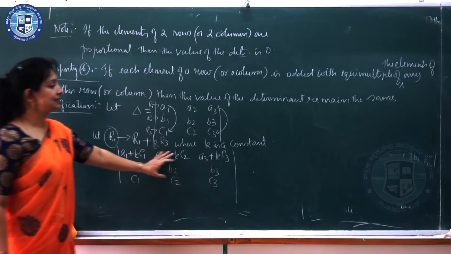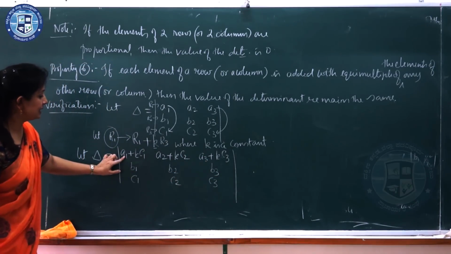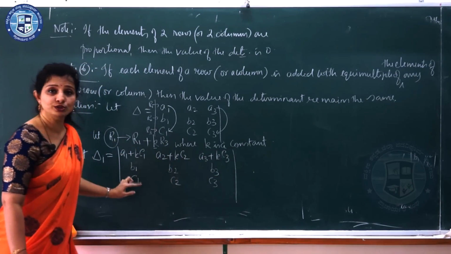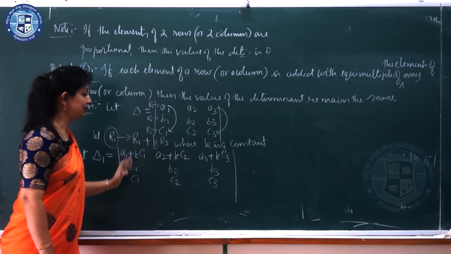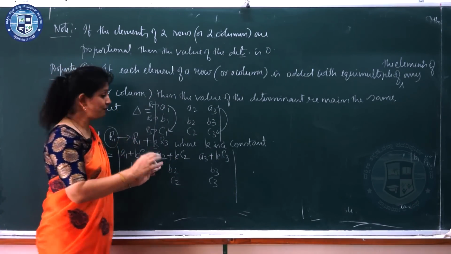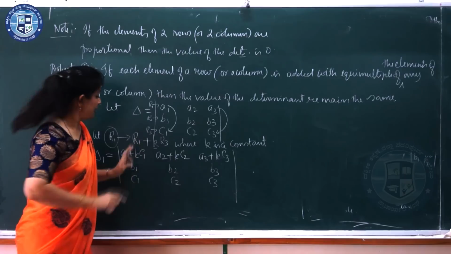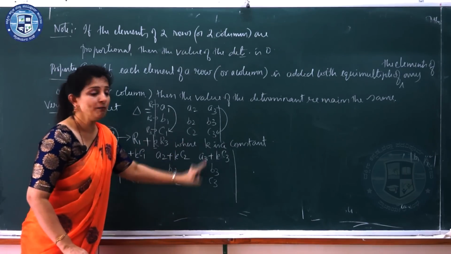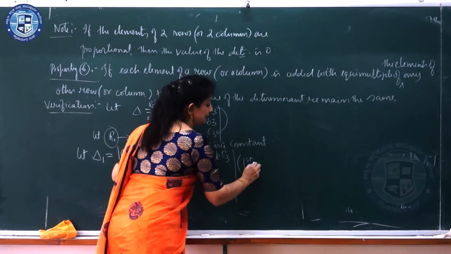Now expand this along the first row, or look at this: the first row elements are each a sum of two terms. Is it possible to split this into a sum of two determinants? Yes, our previous property states that if the first row elements are sums of two terms, then the determinant is the sum of two determinants.